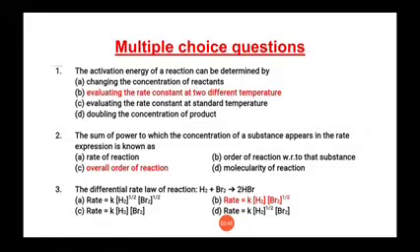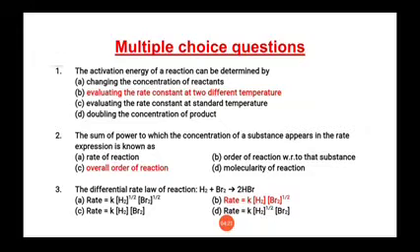Question number 2: the sum of powers to which the concentrations of substances appear in the rate expression is known as. Options are: A, rate of reaction; B, order of reaction with respect to that substance; C, overall order of reaction; and D, molecularity of reaction. So students, here we must know how to write the differential rate law.